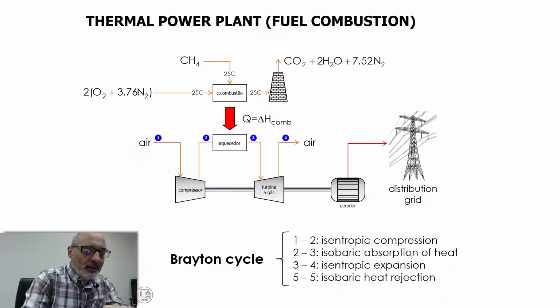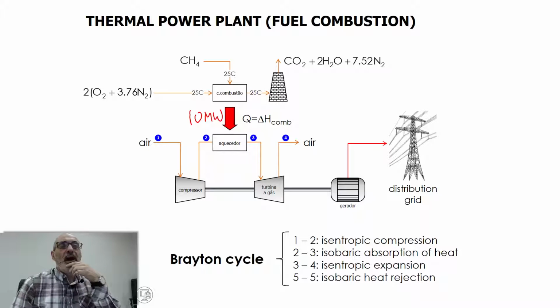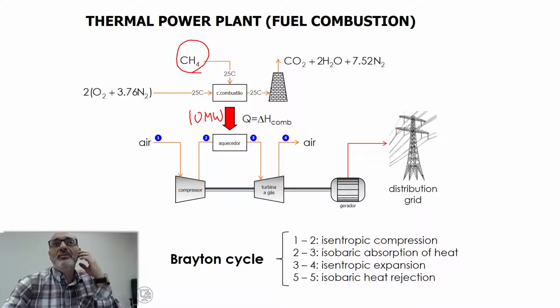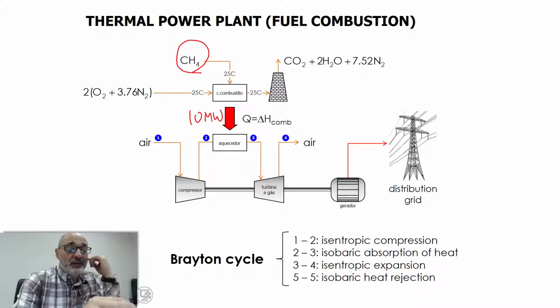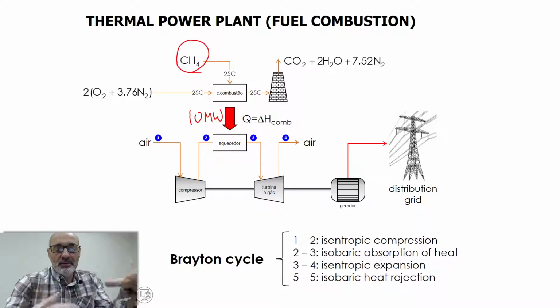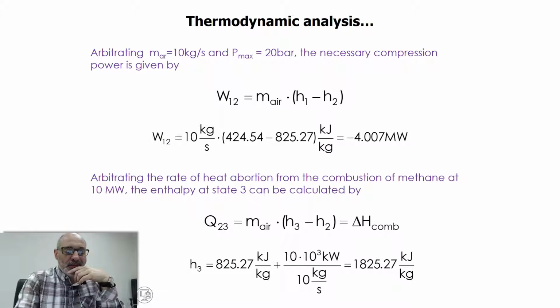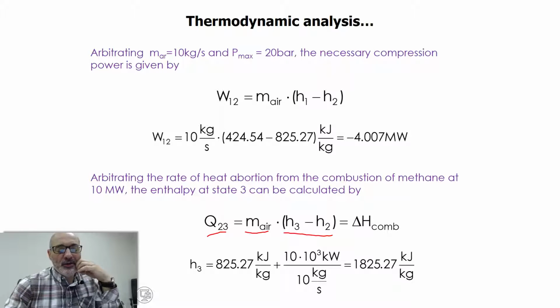I'm going to assume that this heat is 10 megawatts. How is it possible to obtain? I just burn the necessary amount of methane, okay? This is just to show you how we can make the calculation. So if I assume that this is 10 megawatts, I also know that this is the mass flow rate of air times enthalpy variation.